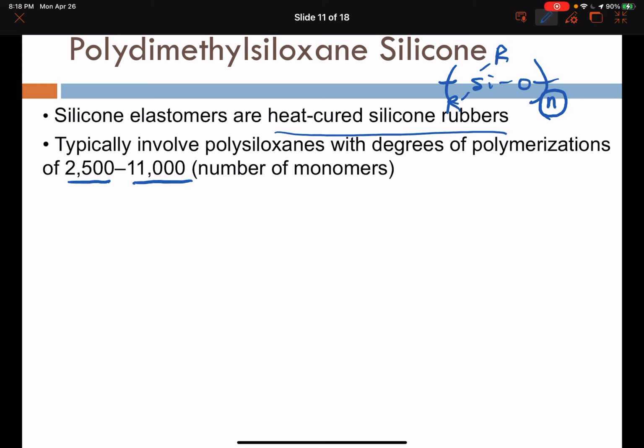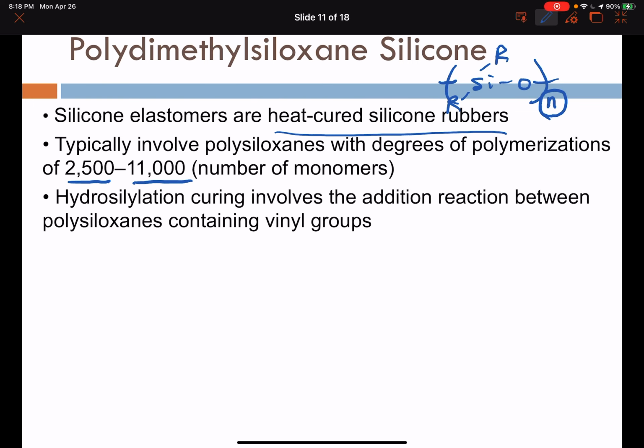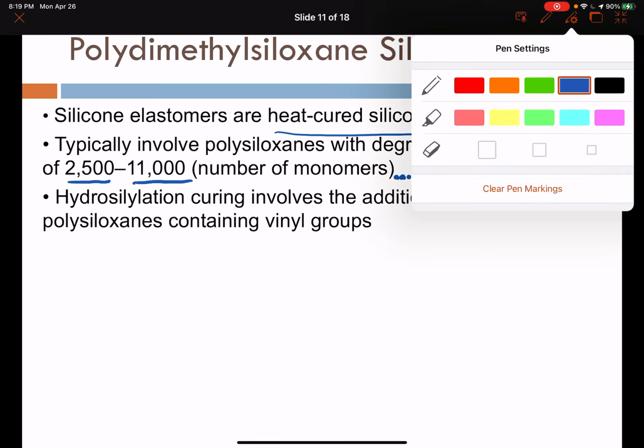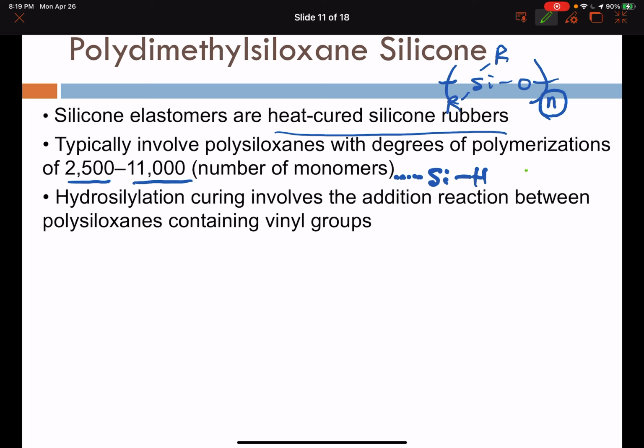Many of these repeat units are tethered together to make a long polymer chain. Hydrosilylation is a reaction that is important for this lab that reacts SiH units with vinyl groups on two different polymer chains.